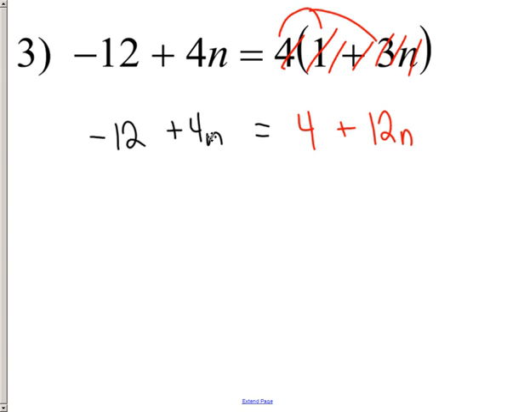Now, is there anything I can combine right here? No. Anything I can combine right here? No. So let's get all of our variables to one side of the equation. I'm just a traditionalist. I like getting the variable to the left side of the equal sign. So let's just go ahead and subtract 12n from both sides.